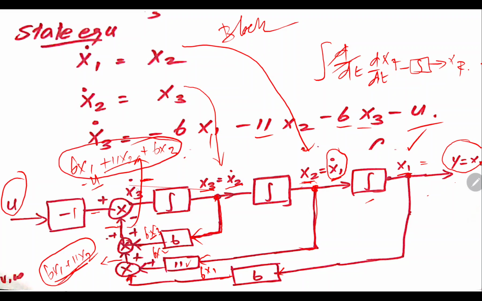So I'll get here x3 dot, which is equal to this equation, that is minus u, minus 6x1, minus 11x2 and minus 6x3. This is the block diagram representation of the given state variable.